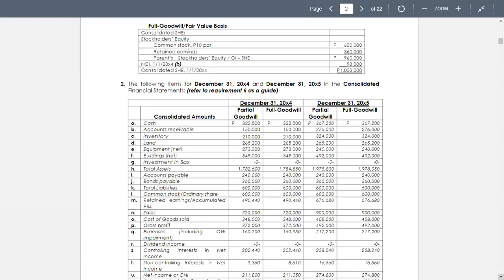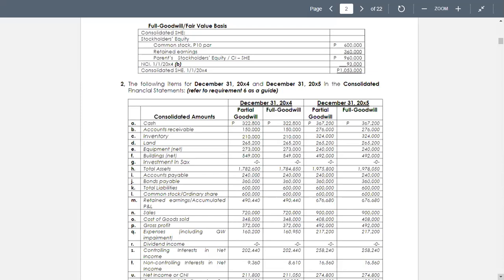Then, we are deducting 216 based on the adjustment that we have above. The building is 351. So, we are adding 198. So, that's the total of 549. 198 is the sum of 192 and 6,000. You can refer to the tables above.